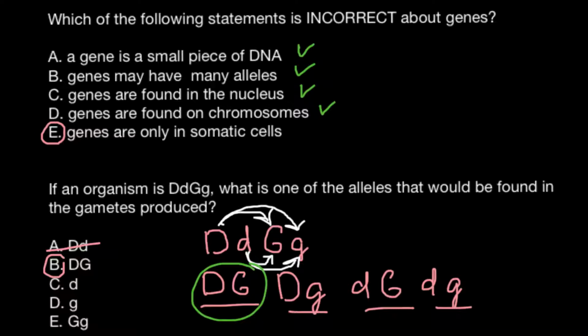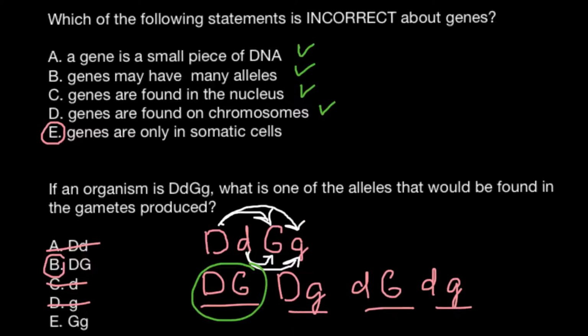Answer C, small d, and as you see, this is just one allele, and we should expect two alleles, one from each set. So we can cross out this answer, and the same with answer D. And as for answer E, capital G and small g, once again, this represents only one pair of alleles.